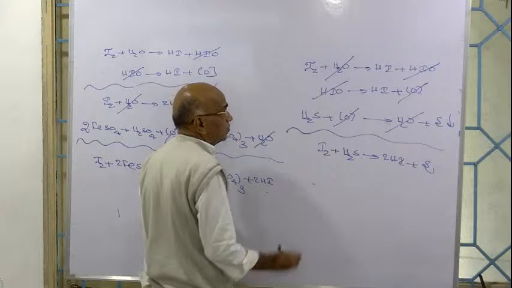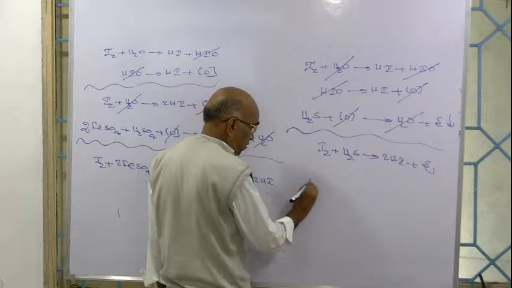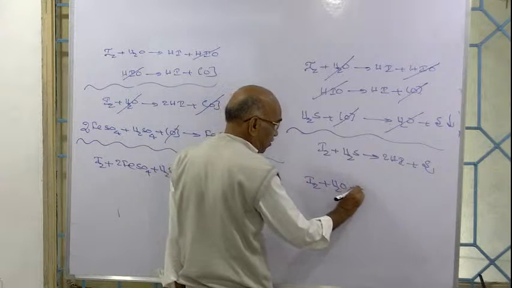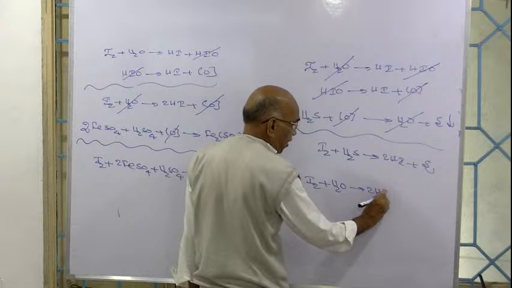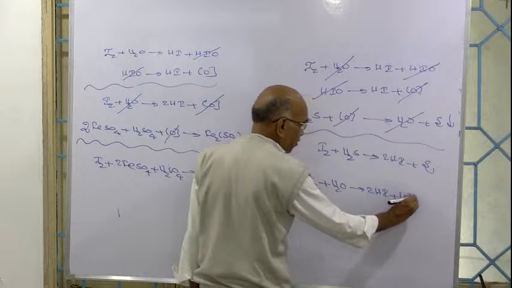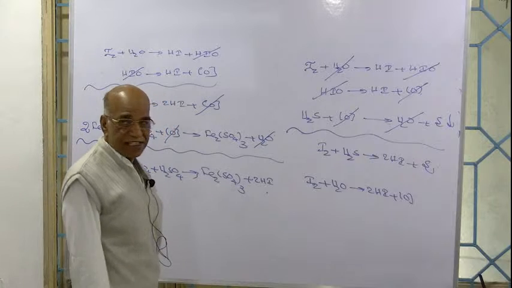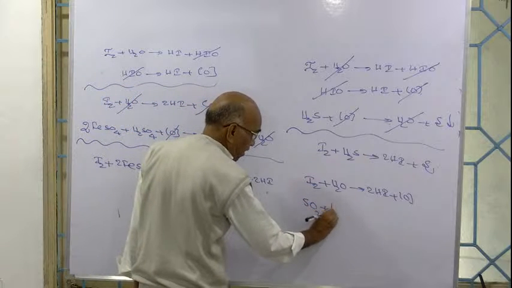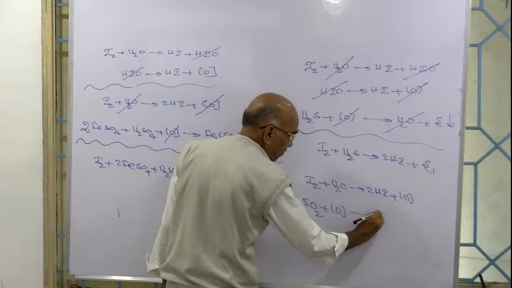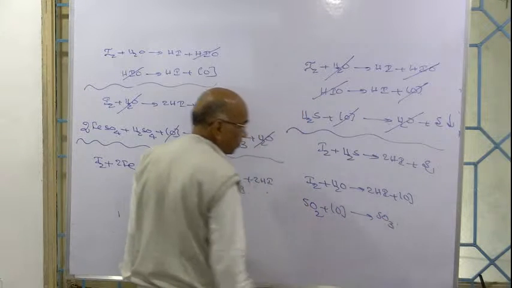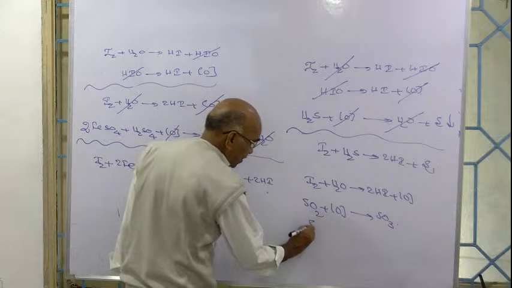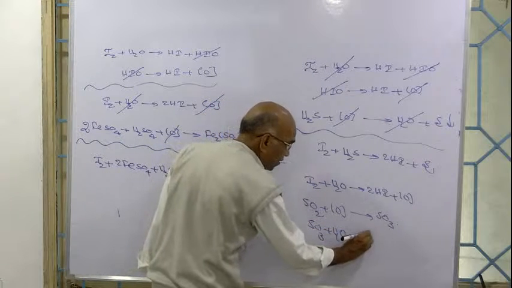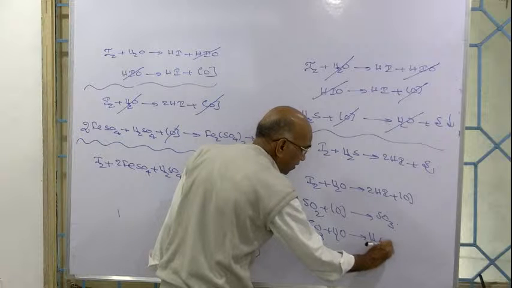Now I am taking sulfur dioxide. SO2 plus H2O gives 2HI. You can write it this way also; one step can be reduced. Sulfur dioxide plus oxygen gives sulfur trioxide, which dissolves in water and gives sulfuric acid.